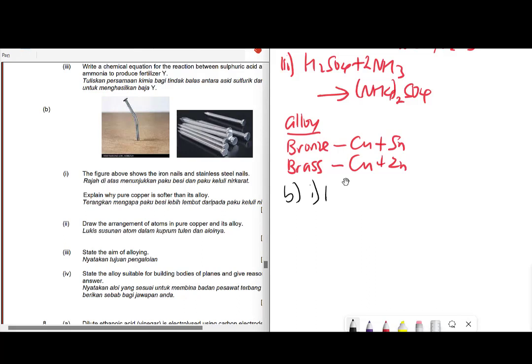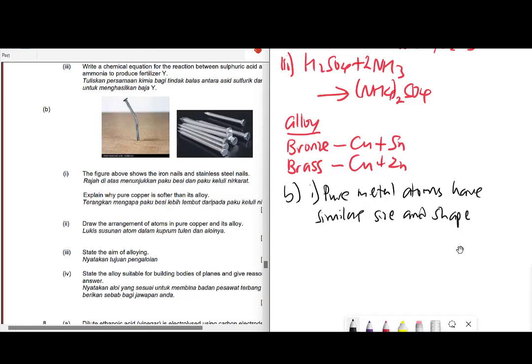So you say that pure copper or pure metal atoms have similar size and shape. For example, if I'm just referring to copper, they all have the same type and same size of atoms.